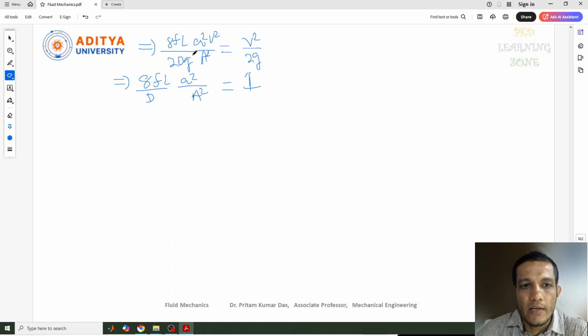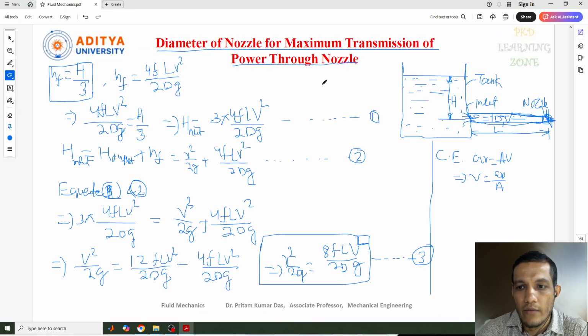Or else you can divide by v square by 2g on both sides. This is equation 4.